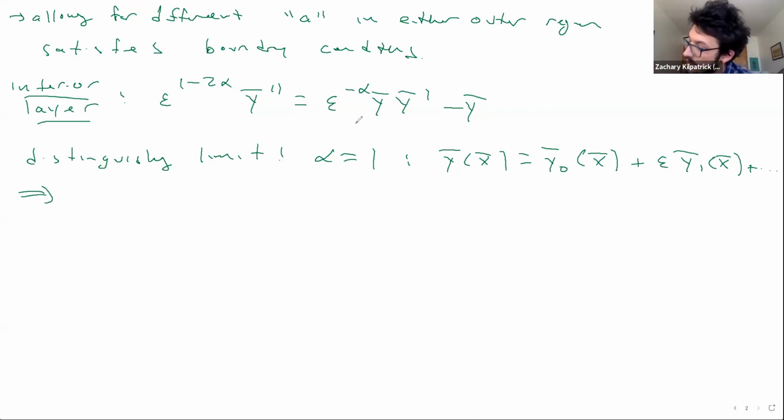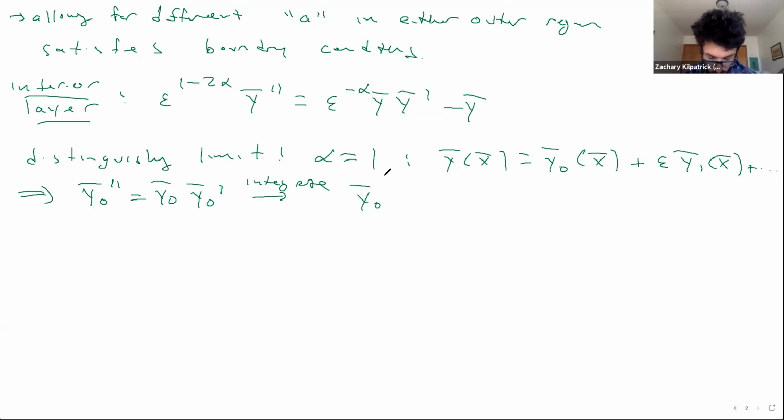Then in this limit, I've matched these two terms here. So I can just write out the ODE in that case. And I get y0 bar prime prime equals y0 bar prime, okay? I can integrate this equation and I get y0 bar prime is equal to 1/2 y0 bar squared plus a, okay?